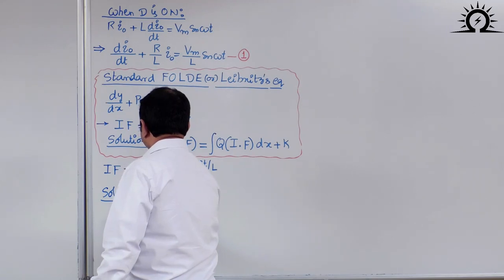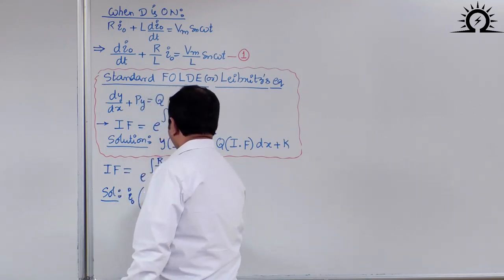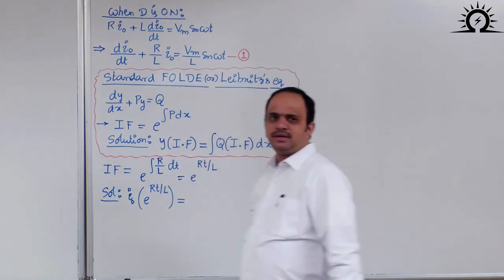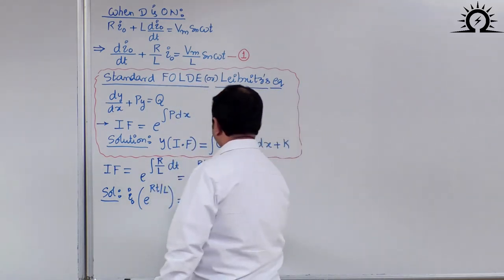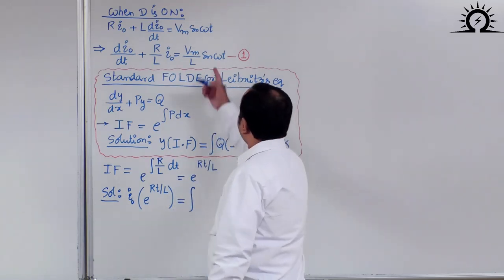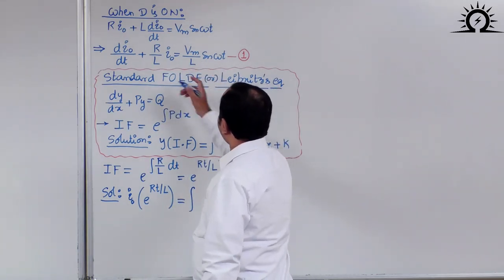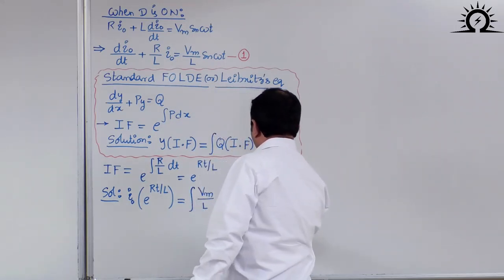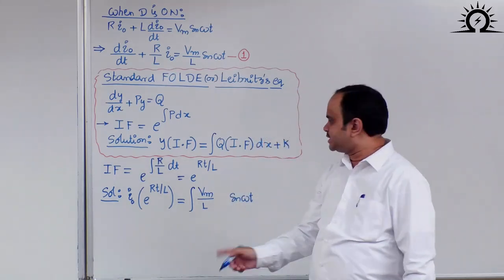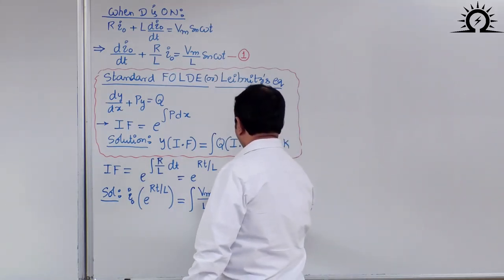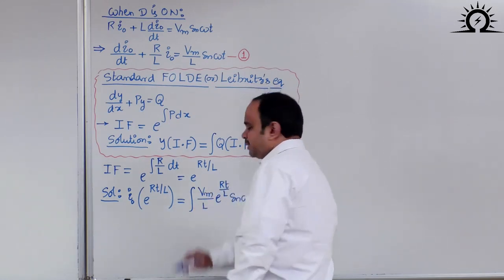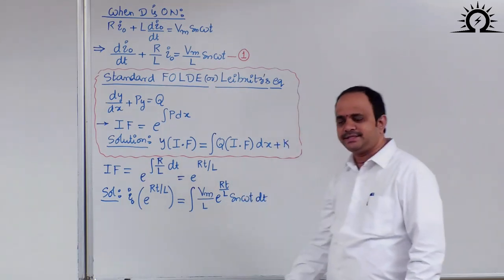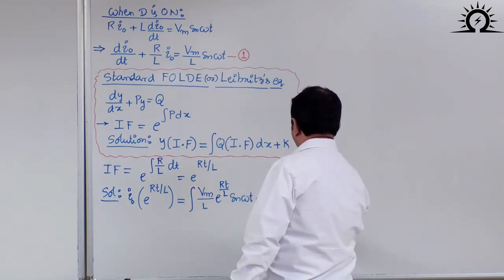Therefore I can write it like this: I naught multiplied with the IF, that is e power RT by L, is equal to the right hand side, integral of q, which here is Vm by L sin omega t, multiplied with the IF, e power RT by L, integrating with respect to time dt, plus k.